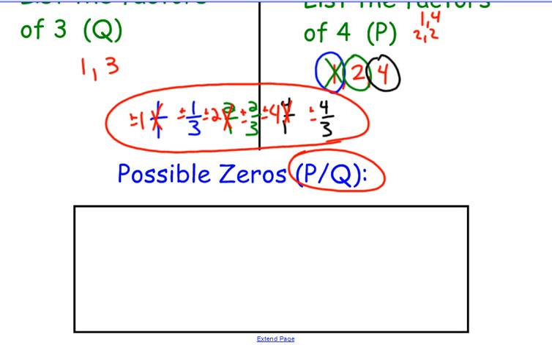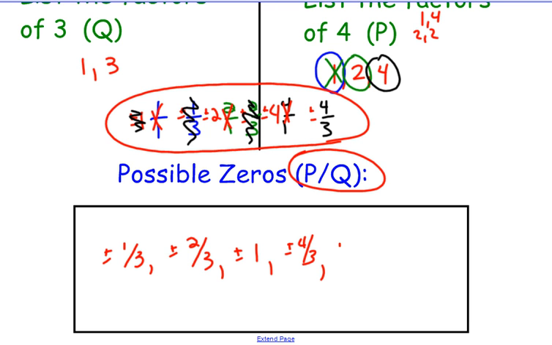So my least is plus or minus 1/3. Next would be plus or minus 2/3, right? Then I could go plus or minus 1. And then 4/3 is smaller than 2, so plus or minus 4/3, and then plus or minus 2, right? Cross those out. There's my 2, there's my 4/3, and all that's left is my plus or minus 4.